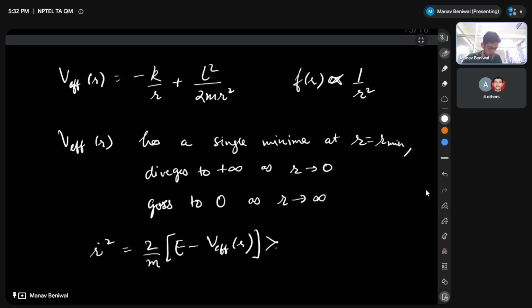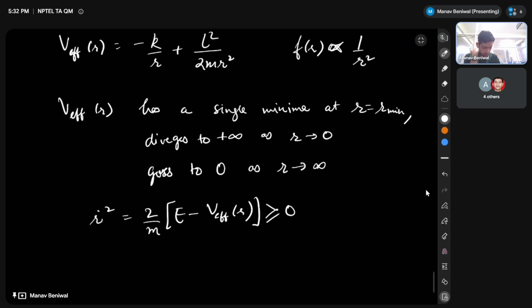Because this is a square, this is always greater than or equal to 0. The particle is confined to regions where E is greater than or equal to V effective, right? So for confined regions.